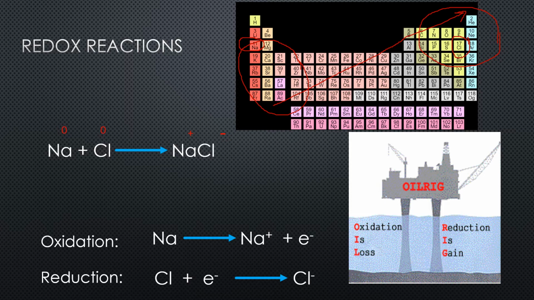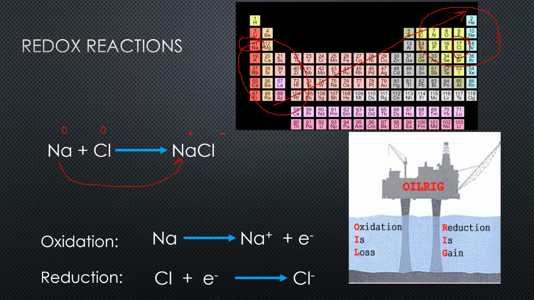So it very quickly wants to grab somebody else's electron so that it can have 8 in its valence shell, completing the octet rule. So in our reaction then, our sodium atom here is going to give up an electron and become a positively charged sodium ion.